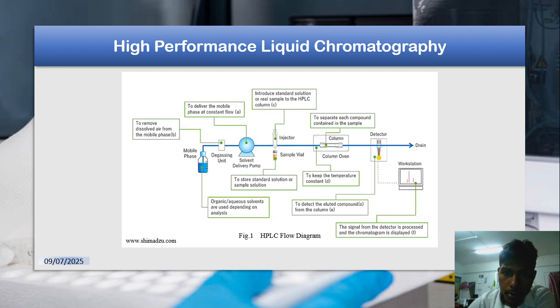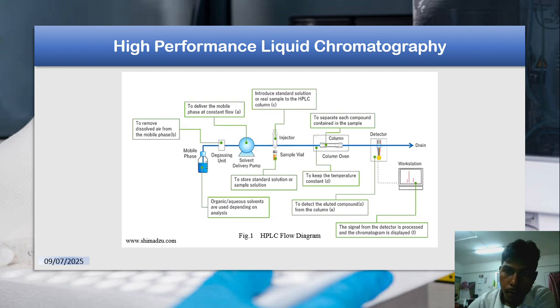Separated components go through the detector, where mostly a UV visible detector is used. Others can be used too. Each component absorbs the light, and the detector measures the absorbance, which is directly related to the concentration.